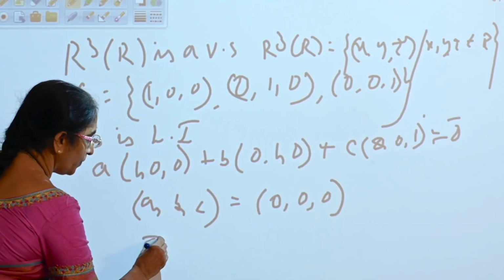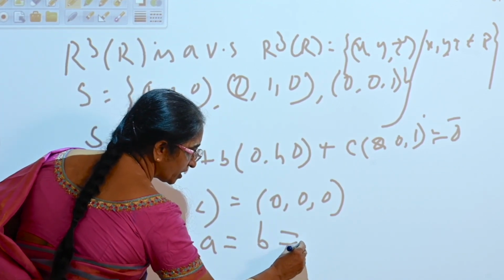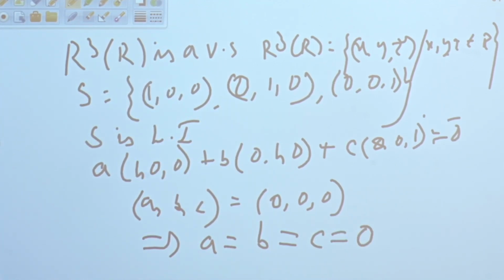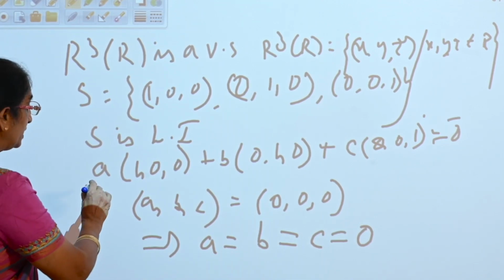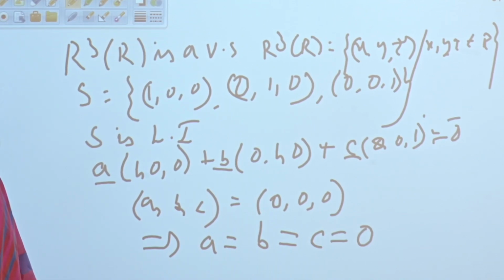Therefore, a = b = c = 0. Here you are able to say that the constants in the linear combination are equal to 0. Therefore, the set S is linearly independent by definition.